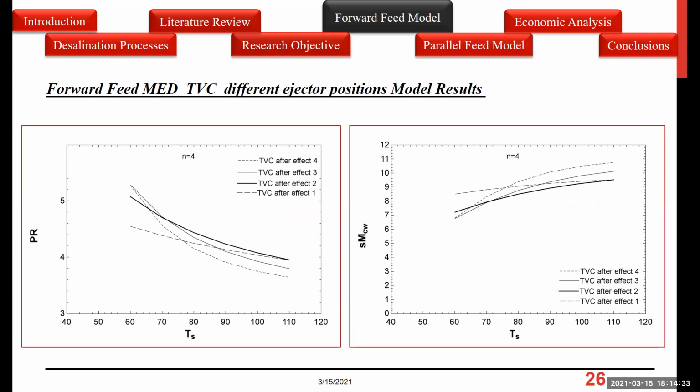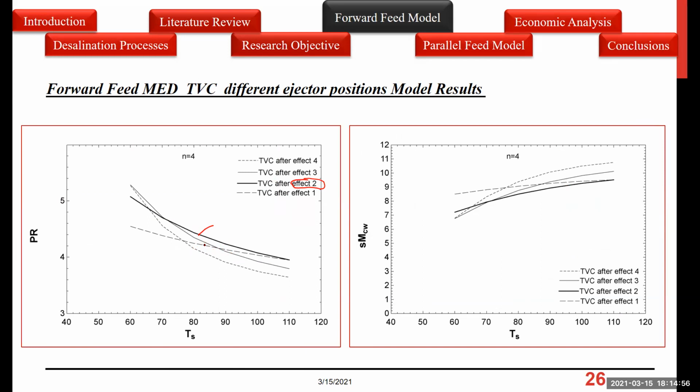The results are shown here. Look at the PR. The solid line, the heavy bolded line here, is the line where the TVC is located after effect number 2. The rest are where the TVC is located at effect number 1, number 2, number 3.